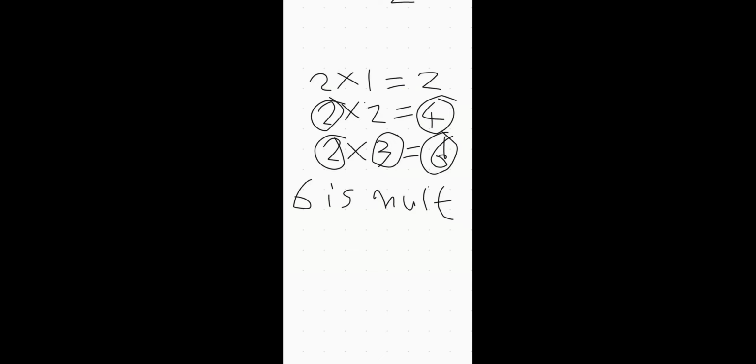The small one is a factor of the big one. So you can say 2 is a factor of 6. And 3 is also a factor of what? 6. Did you get it? Yes.